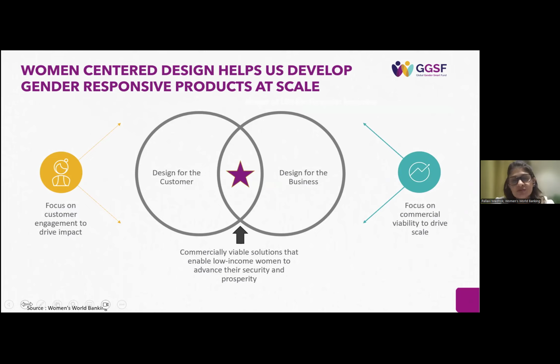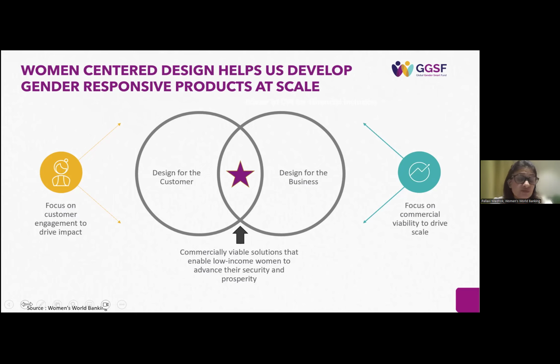And here we're looking to really understand the barriers and challenges that women face with respect to accessing and using financial products. And we really look to drive engagement and thereby impact when we design solutions that work for women customers. At the same time, we have a twin objective that we need to meet when we are looking to design solutions.